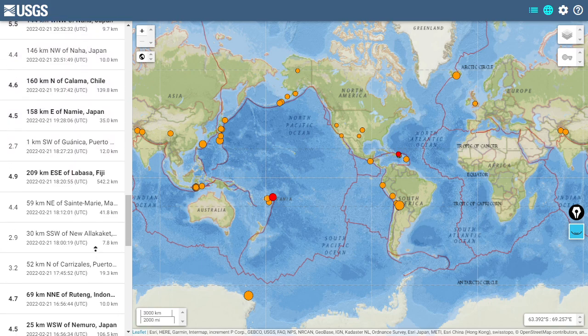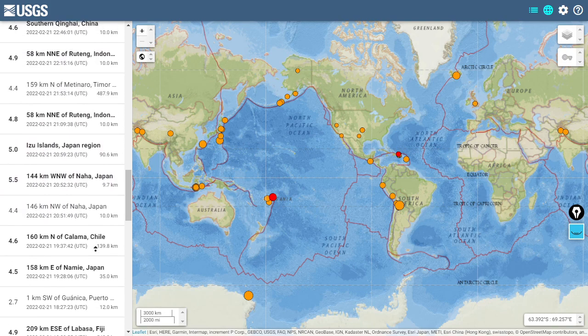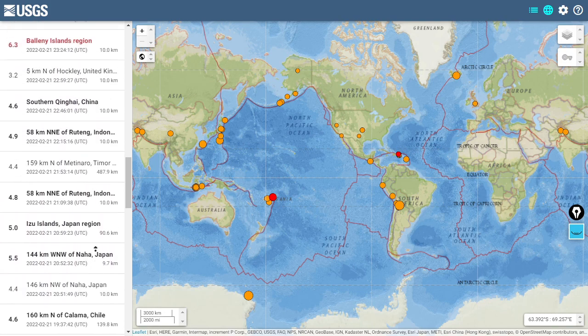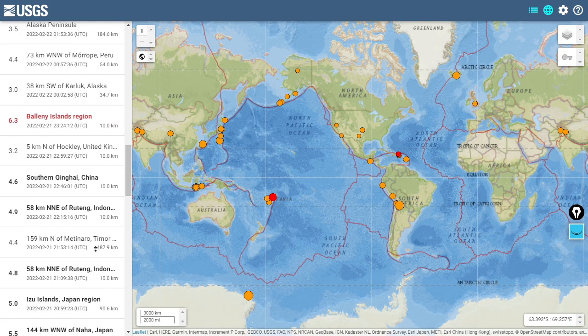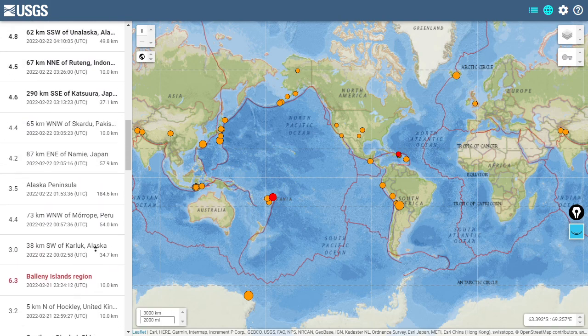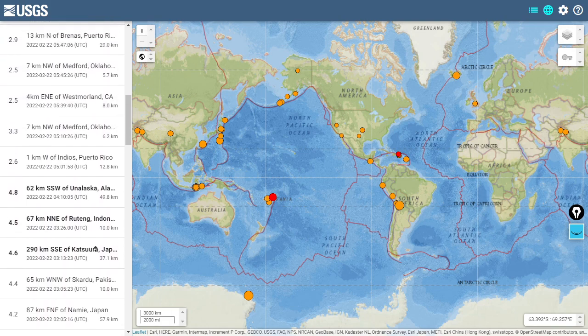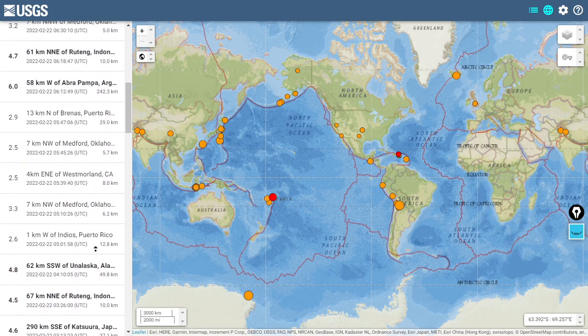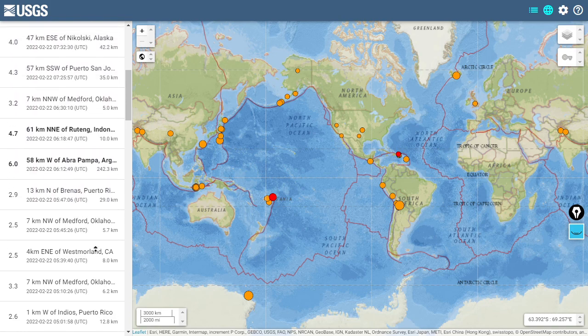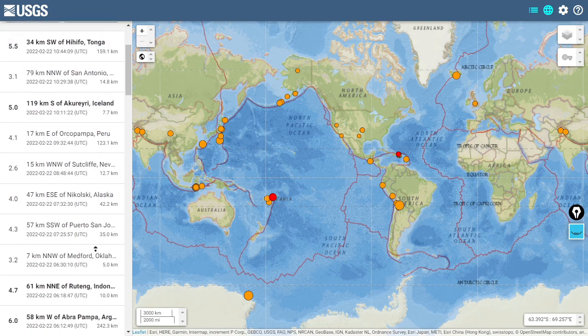Deep quake there at Fiji, not even a 5 magnitude, but over 540 kilometers estimated depth. Deep quake at Chile. Again, we saw a 6.3 and a 6.0 in the past 24 hours. Remember, folks, any earthquake could be a foreshock. And again, we are seeing a 7-magnitude earthquake drought.